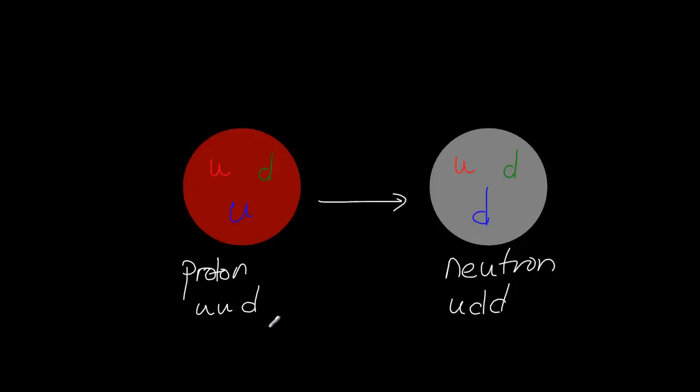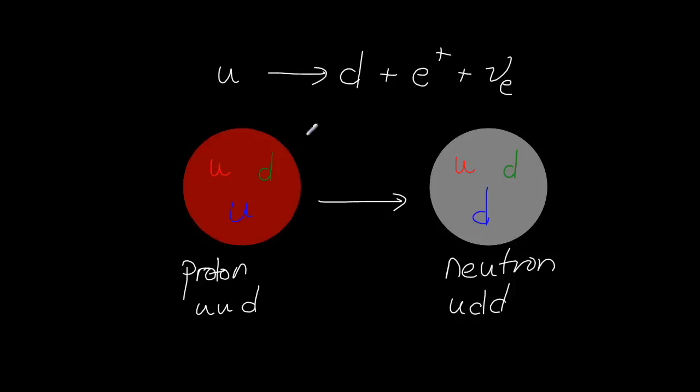So again, one of these quarks, in this case an up quark, is going to turn into a down quark. That will release the positron, or the beta plus, and the electron neutrino.